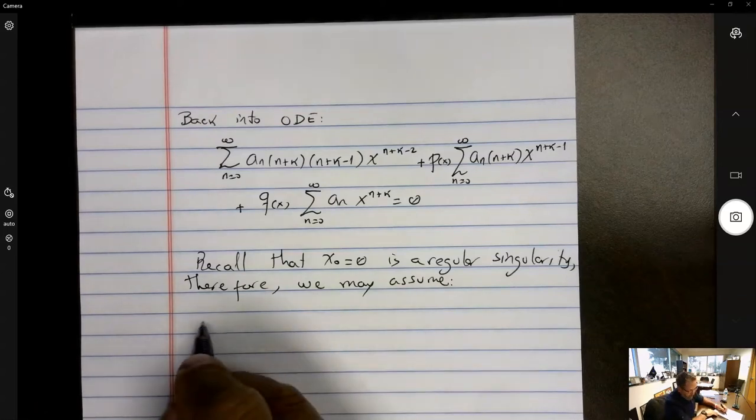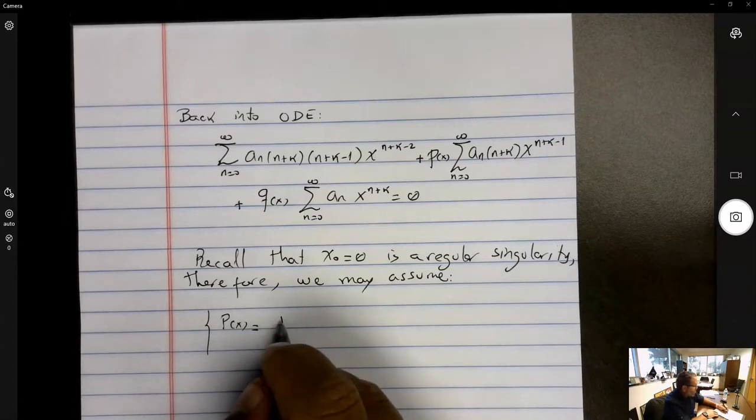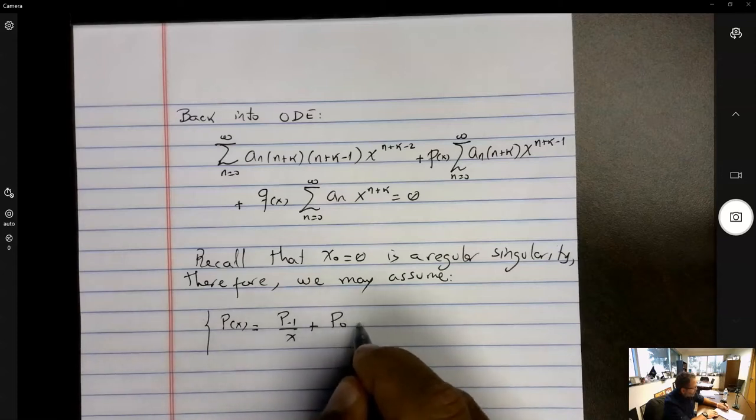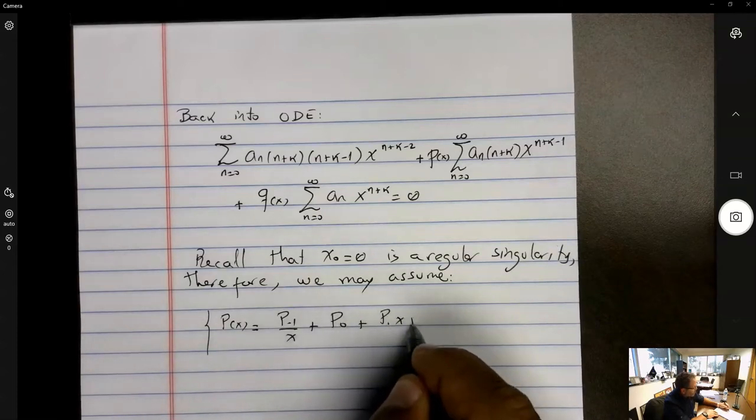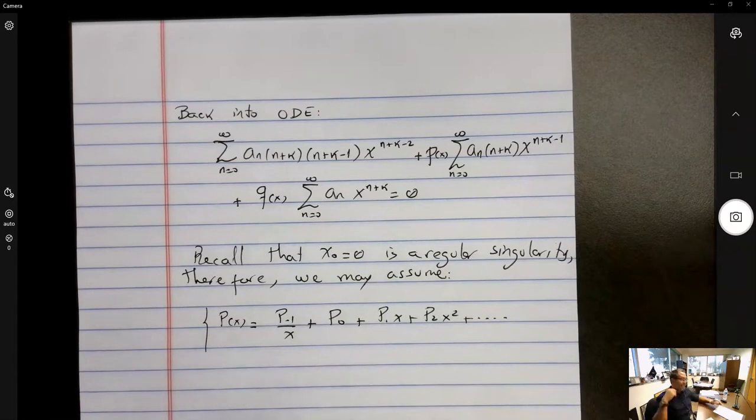So if that's the case, then I can say that p of x is equal to some coefficient p_minus1 divided by x plus p0 plus p1 x plus p2 x squared plus so on and so forth. So technically I can take that function p(x) and expand it into its own Taylor series. So p(x) is a known function, it's very simple to evaluate.